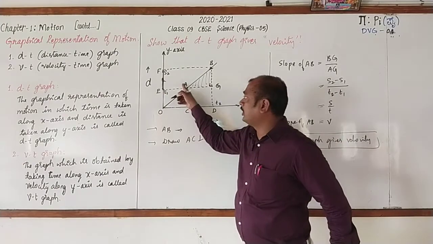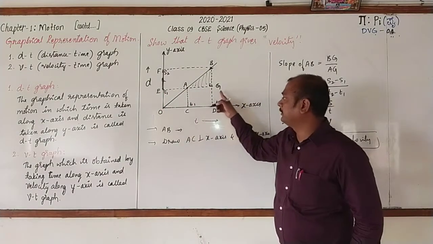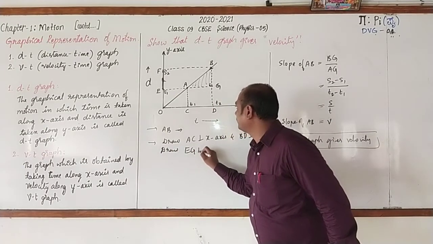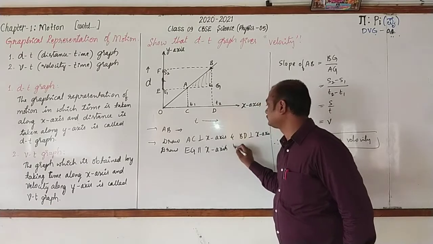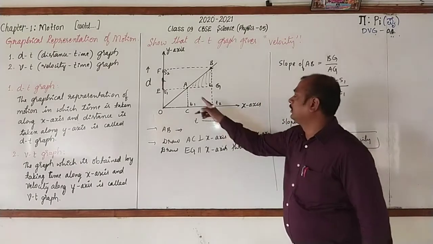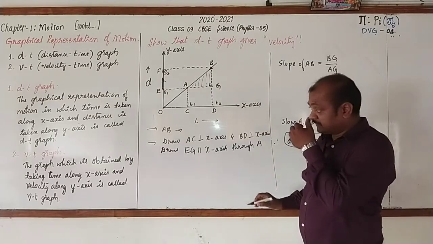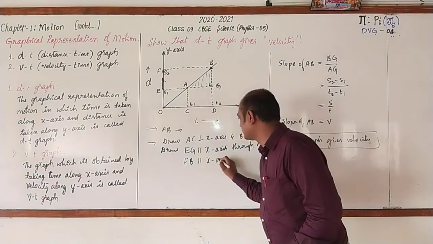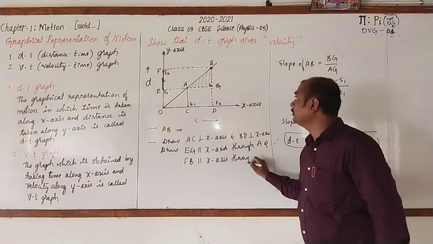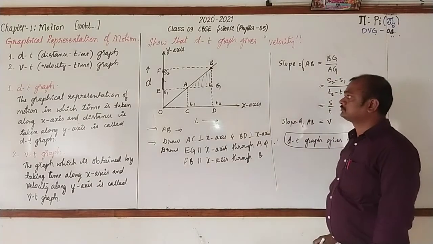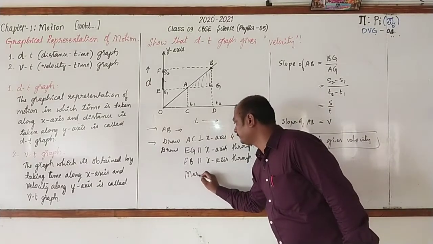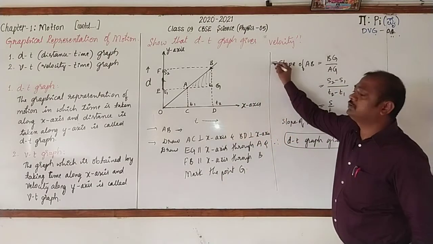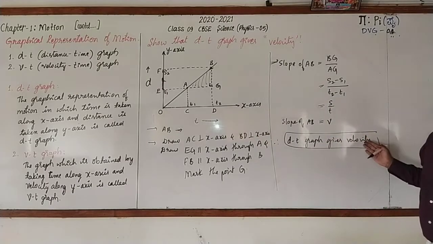Next, draw a line EG parallel to x-axis through A, and FB parallel to x-axis through B. Then mark the point G. Then after that you have to copy up to here. Yes, copy that.